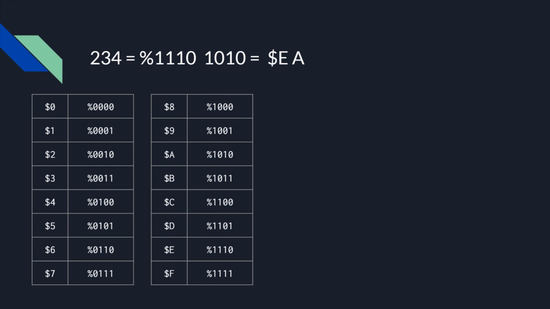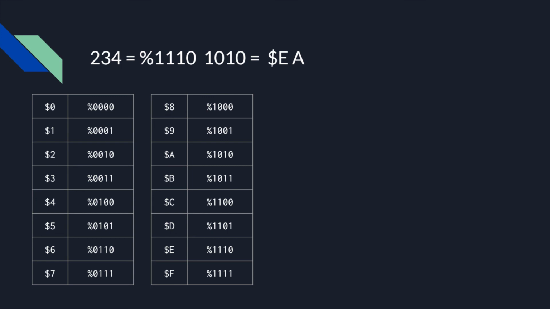And we see this maps to hex E. So we put E in the most significant digit. Taking the bottom part, we get 1010. And we see it maps to A. So we put A in the least significant digit. We end up with EA, which is exactly what we ended up with using the calculator method.